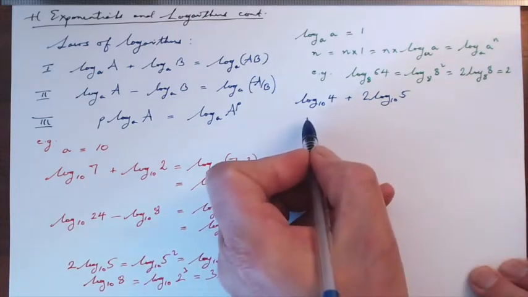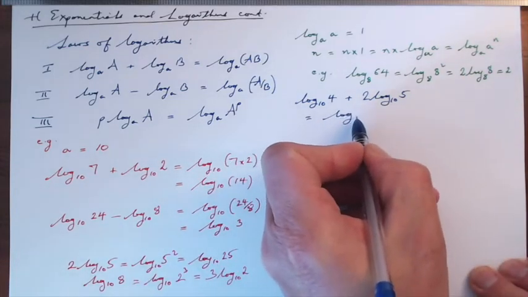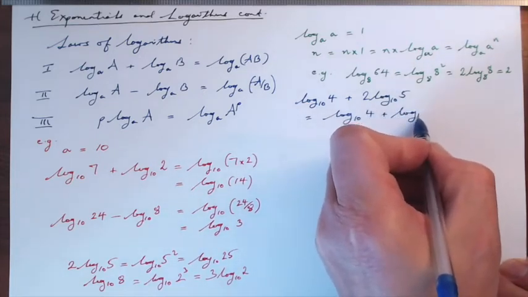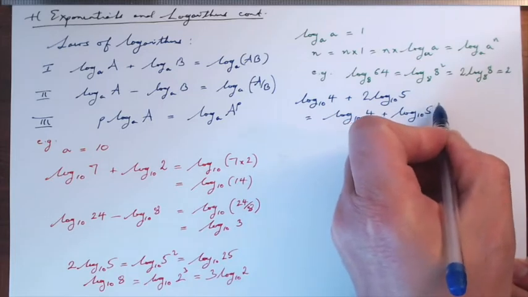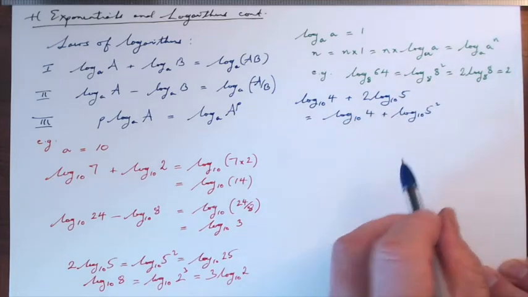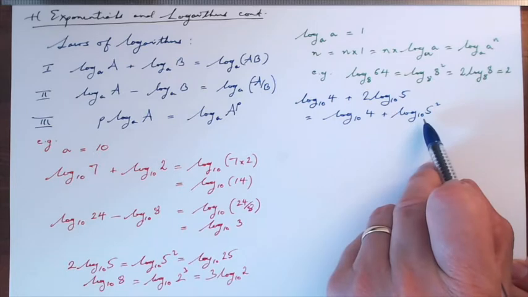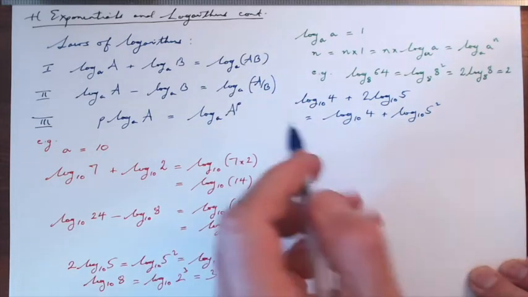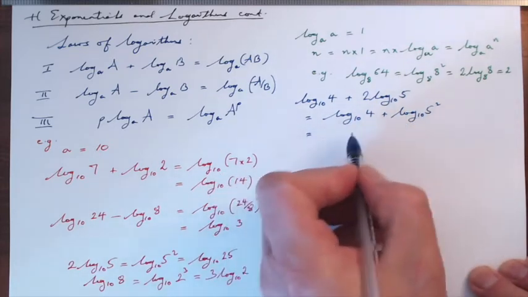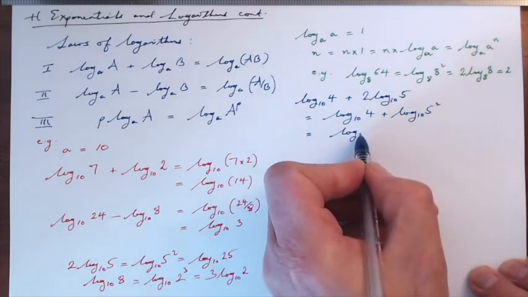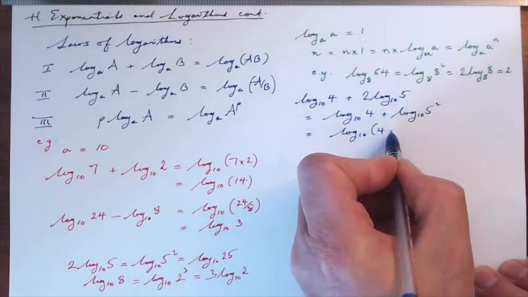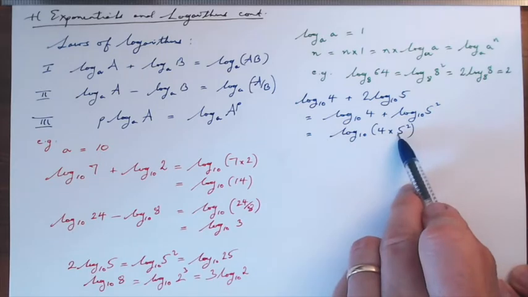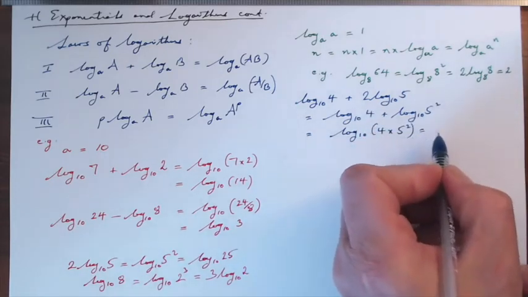So we can write this as log to the base 10 of 4 plus log to the base 10 of 5 squared. We can then implement the first law of logarithms and bring these together. So this would be a single logarithm of the product 4 times 5 squared. Now 5 squared is 25, so 4 times 25 is 100.